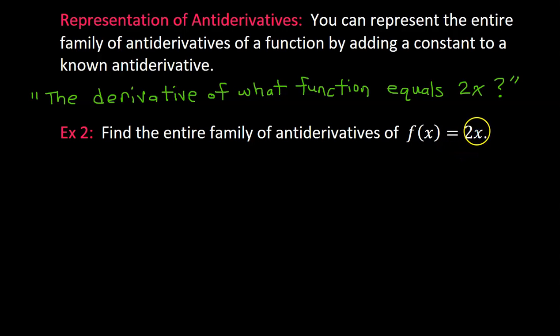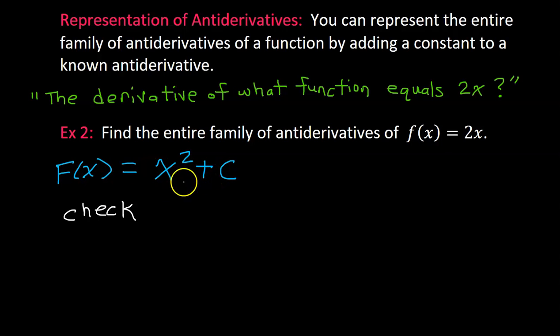If we take the derivative, the exponent ends up in the front. So because I see this 2 in the front, I'm expecting that my antiderivative must have an exponent of 2. So I'm going to start with a guess of x squared. Since we want to find the entire family of antiderivatives, let's go ahead and add a constant on the end of this. Let's check what we have so far and see if it works.